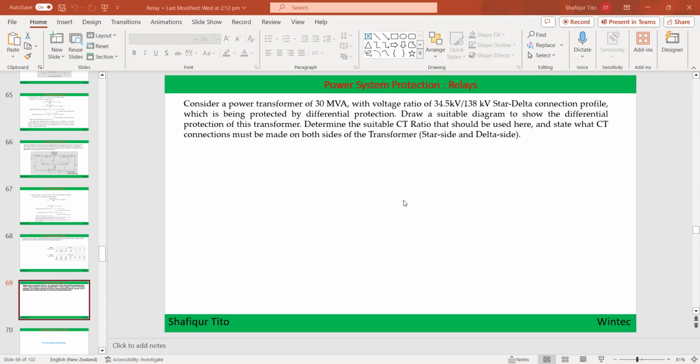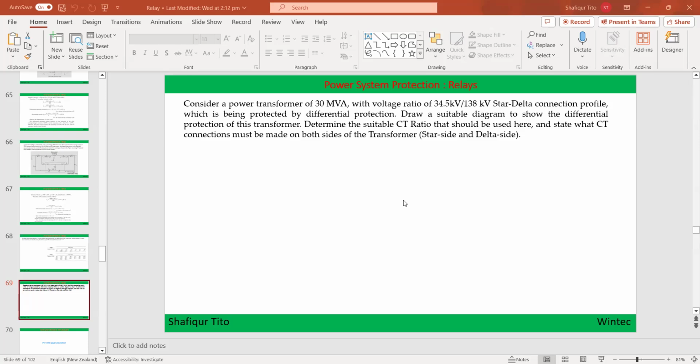This is a three-phase transformer with a rated value of 330 MVA, the primary side voltage is 34.5 kV, and the secondary side voltage is 138 kV, and they are star and delta connected. That means the primary side is connected in star and the secondary side is connected in delta.